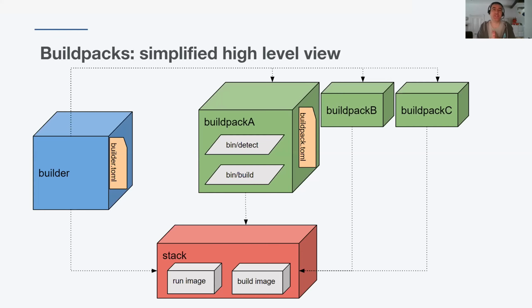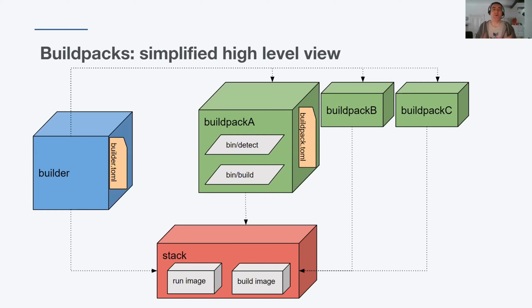In bin/detect, the Buildpack will detect if it can participate in the build, if it's something it knows how to do. If it's a Java Buildpack and there is no pom.xml or no Gradle file, it will normally just say, I'm out. I'm not going to do anything. But if there is a pom, most probably then in the bin/build script or binary, it will actually call Maven.